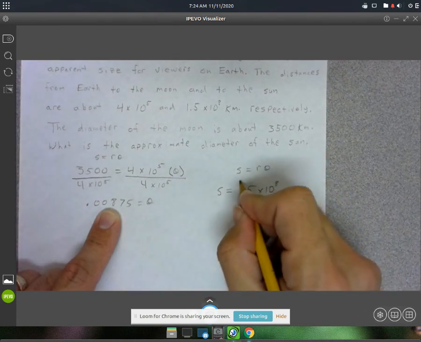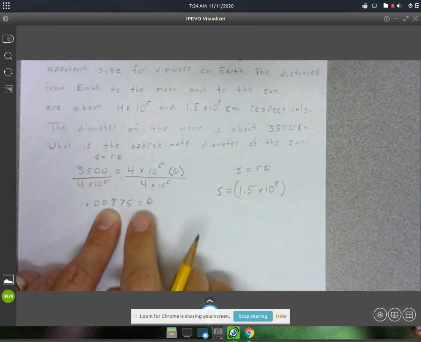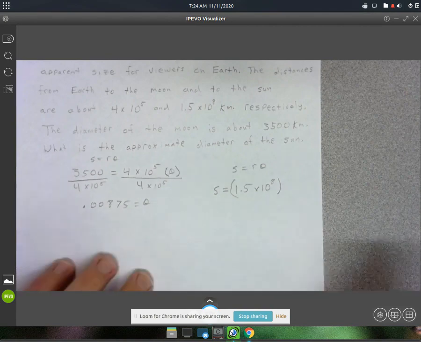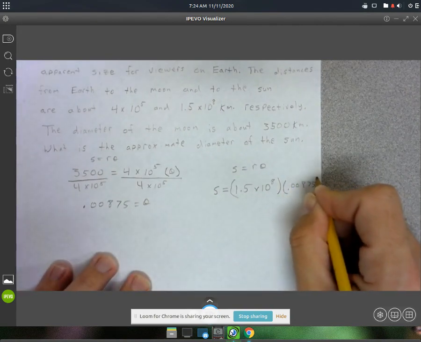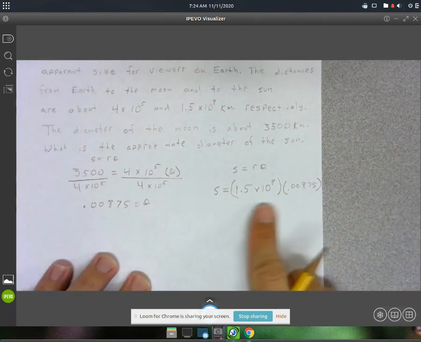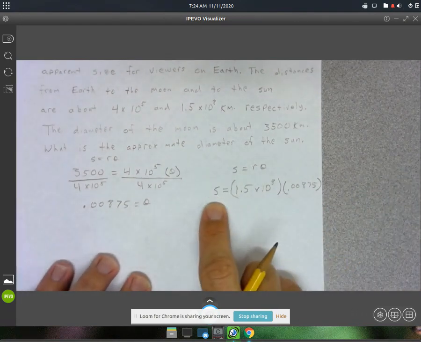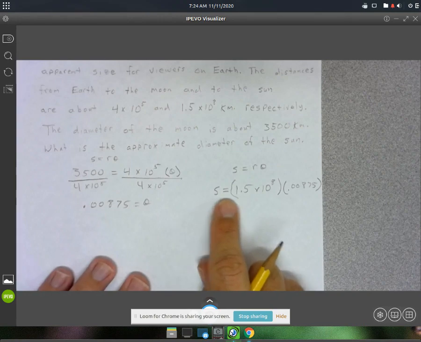So that's my R. And then our theta is going to be this number here. And all we have to do is multiply those two, and that's going to give us our arc length, or the diameter of our sun.